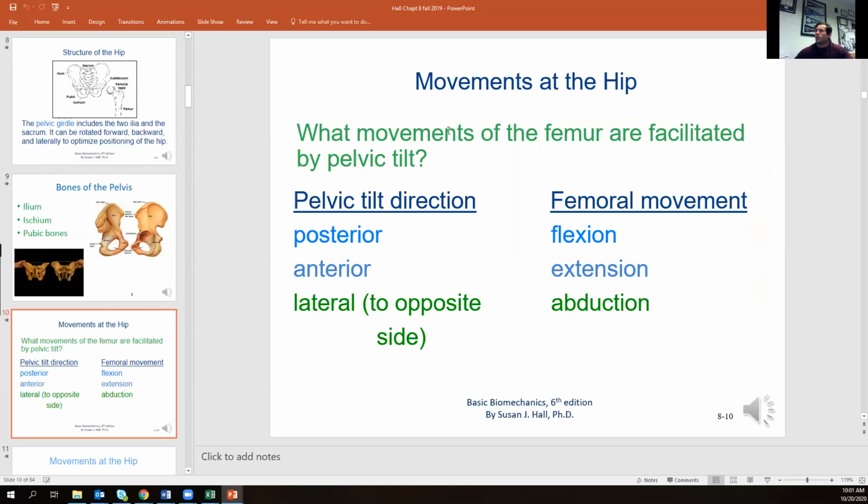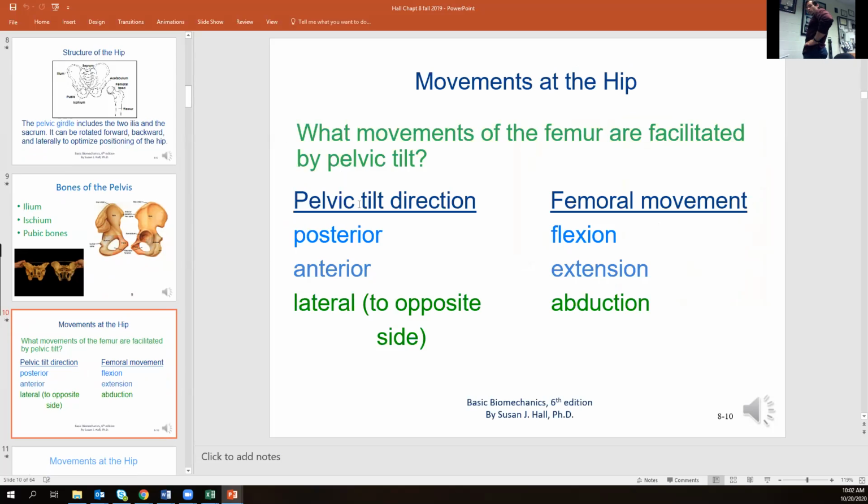Now, our femur itself is effectively going to be influenced by the movement of the hip. So, pelvic tilt direction. Okay, everybody go ahead and stand up. If you put your hands on your hips, anterior pelvic tilt is tipping our hips forward.